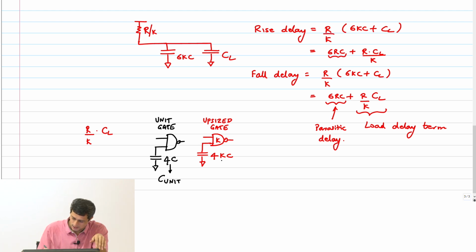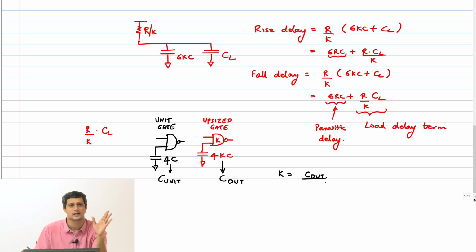And this guy is my capacitance of the DUT, device under test, right. In my slides I have called it C gate, but maybe this DUT might be better. Okay. So the factor k is nothing but the ratio of the capacitance of the device under test, which has been scaled up by some factor, divided by C unit.